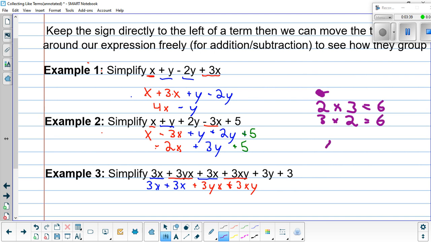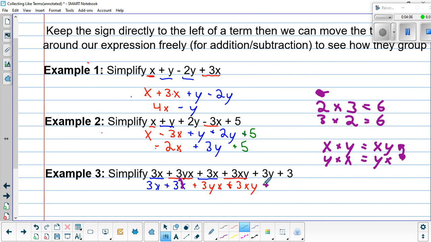No. So for that reason, if we write x times y, in algebra we just write it as xy, without the multiplication. Then what about y times x? Well, that's just yx. Those things are equal, they mean the exact same thing. Two numbers multiplied together doesn't change. So we can combine those when we go to simplify.